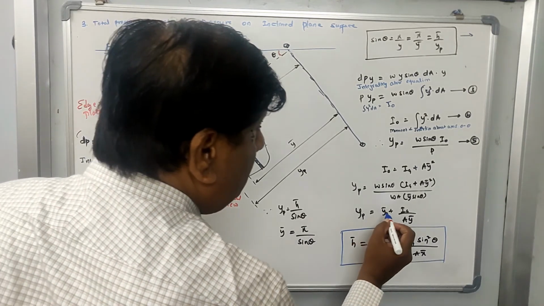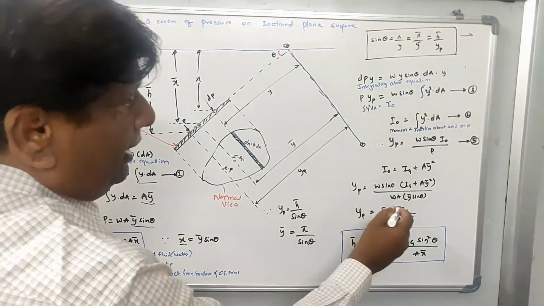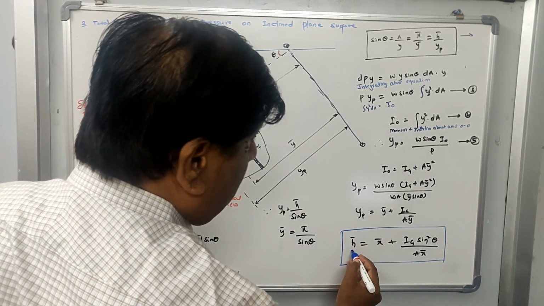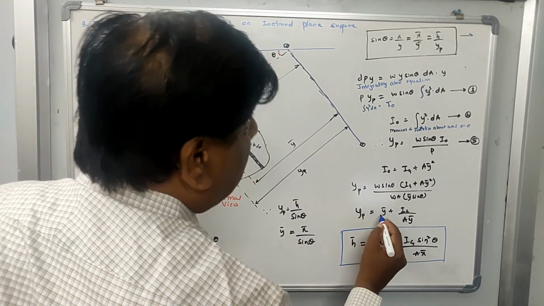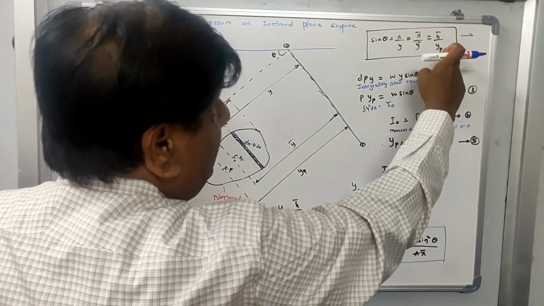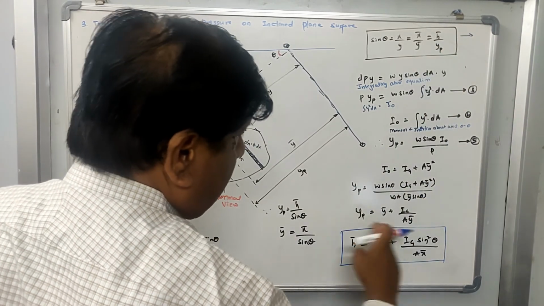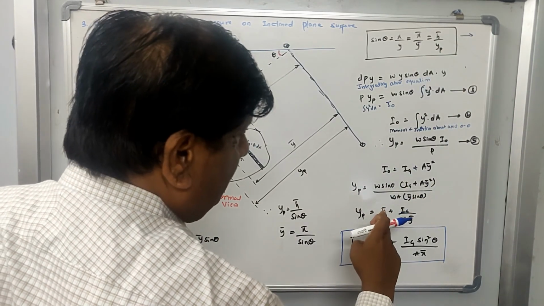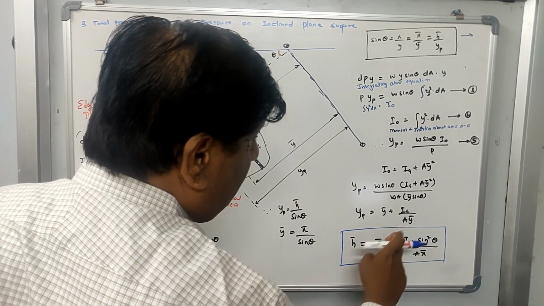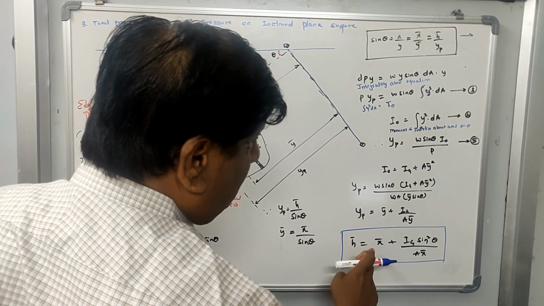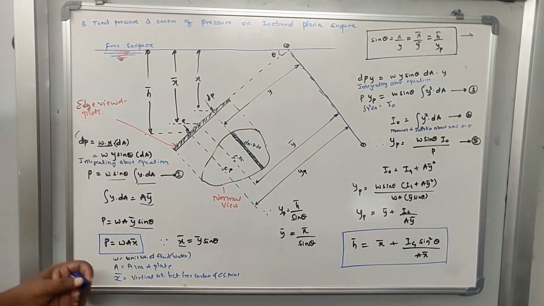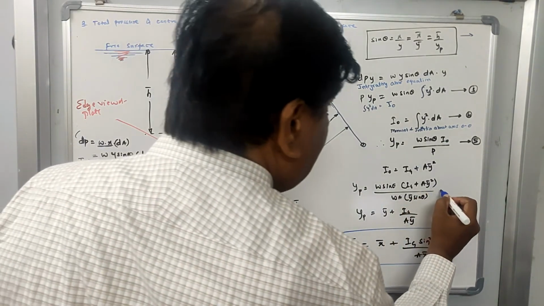So yp is equal to y bar plus IG by A y bar, or the center of pressure h bar is equal to x bar plus IG sin square theta divided by A x bar.